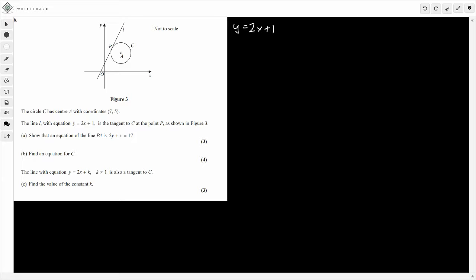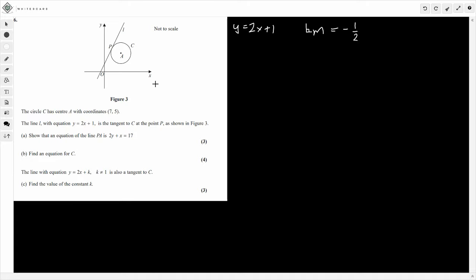So the gradient here is 2, so the perpendicular gradient, if I call this perp m, is going to be the negative reciprocal, so flip this, I'd get a half and make it negative, so that'd be minus 1 over 2. So the perpendicular gradient is minus a half. Now we know the point it's going through, A here.